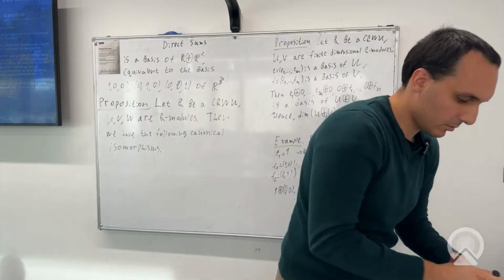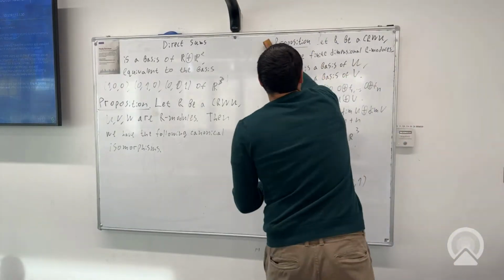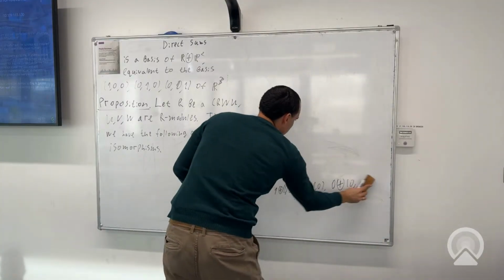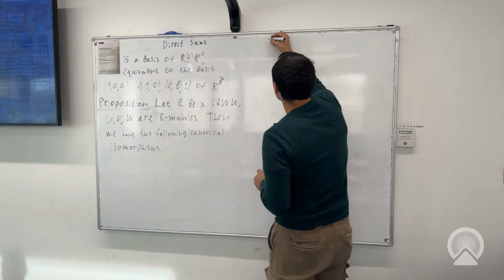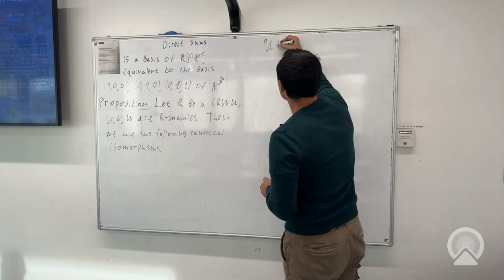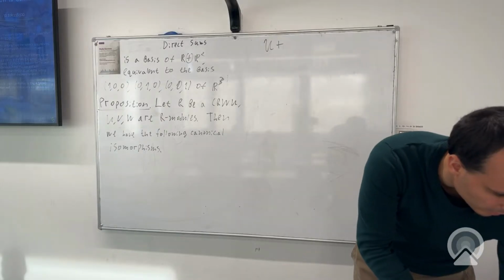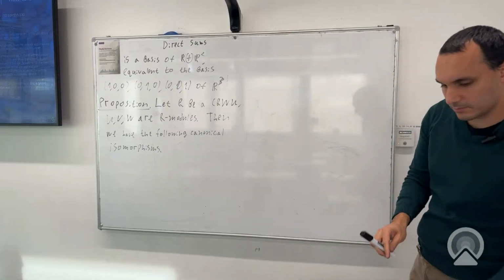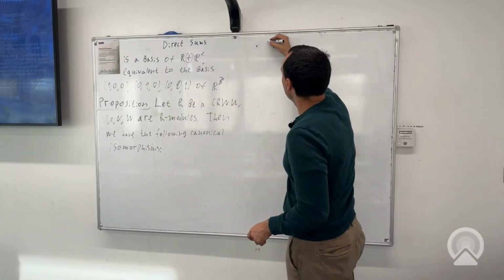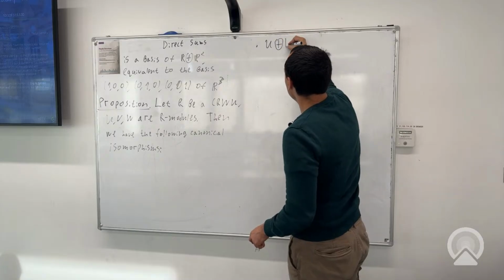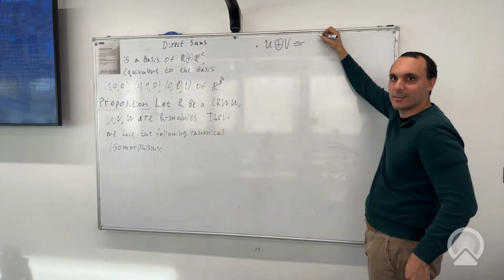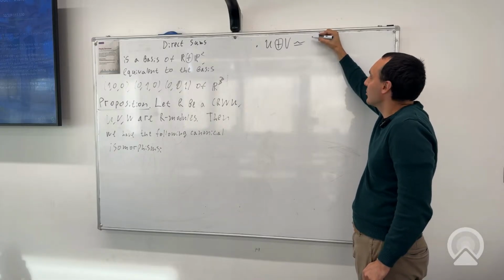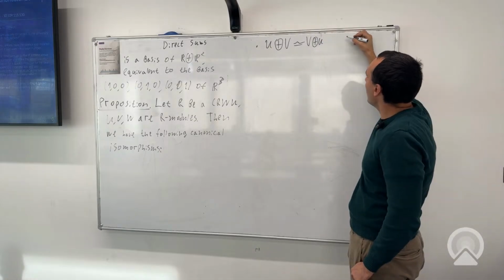Okay, so U direct sum V, what do you think it is? V direct sum U. How do I identify them?